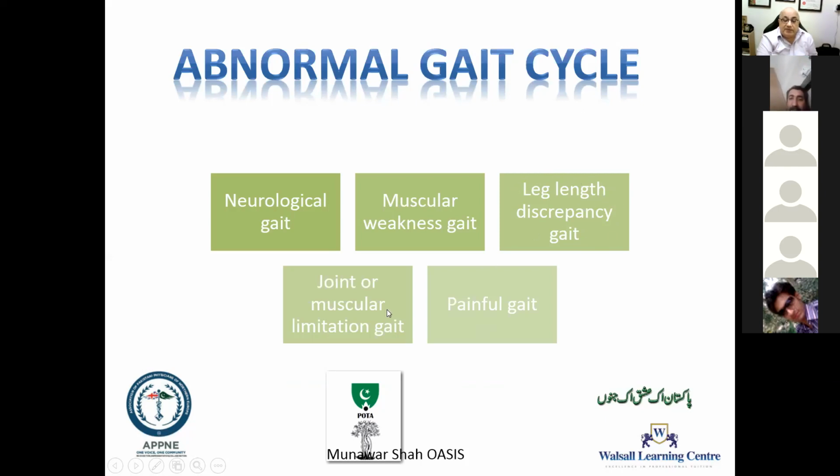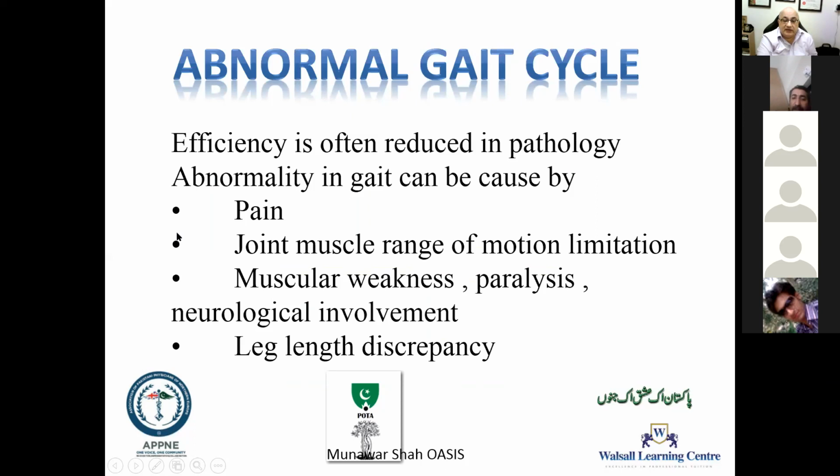Then you have people who have got either arthritis or various other problems, and then you have a painful gait. Okay, so these are the 5 main components of it, but basically they're all the same thing. It's just that we've divided it into 5 different components. So we need to know and understand where the problem is, and the leg length discrepancy, pain, and arthritis are the common ones you will get in the exam.